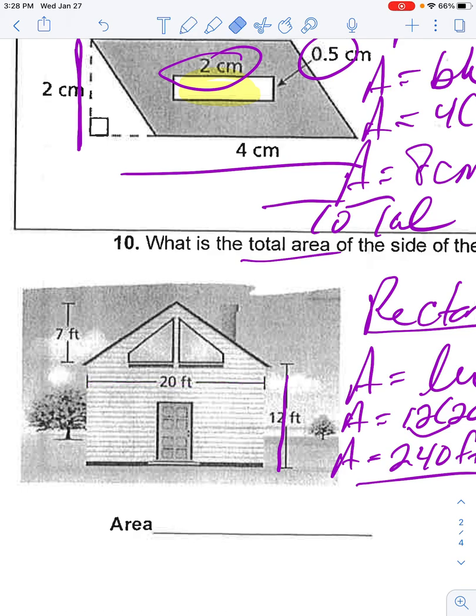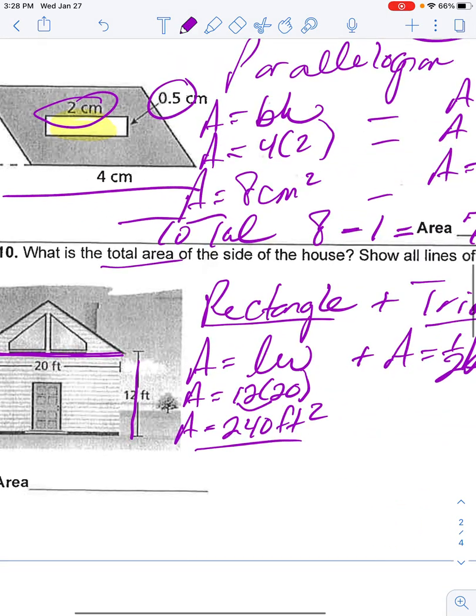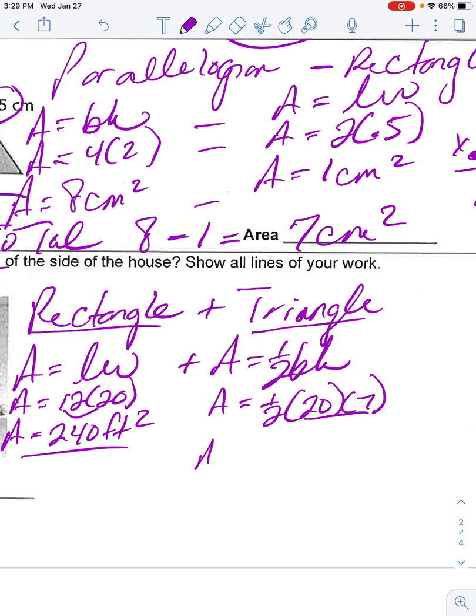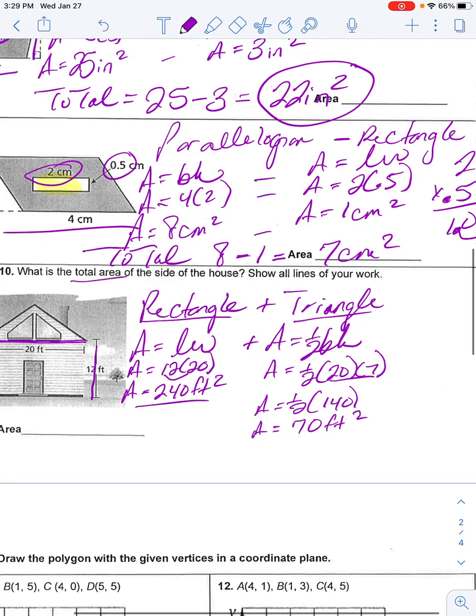The triangle. Okay, from here to here is 20, it tells us that. And the height of this roof, the triangle, is 7, so 20 by 7. So base times height would give me 140, and half of 140, or 140 divided by 2, would be 70 feet squared.